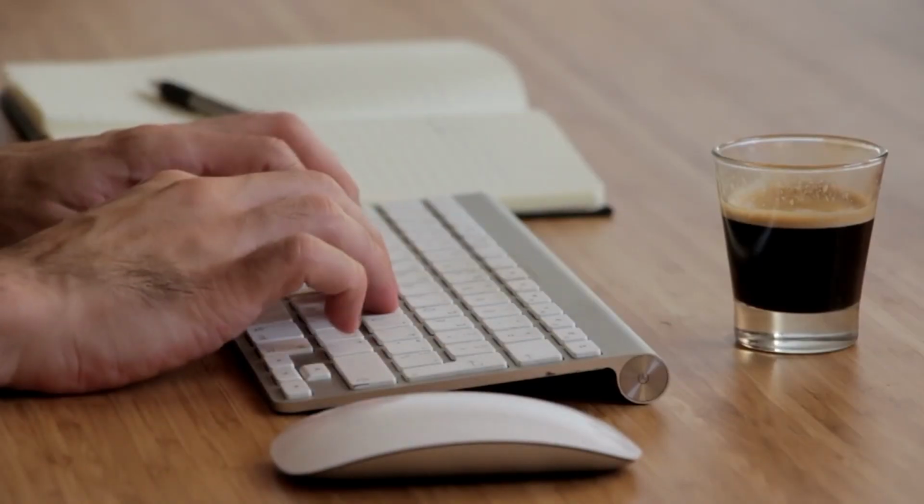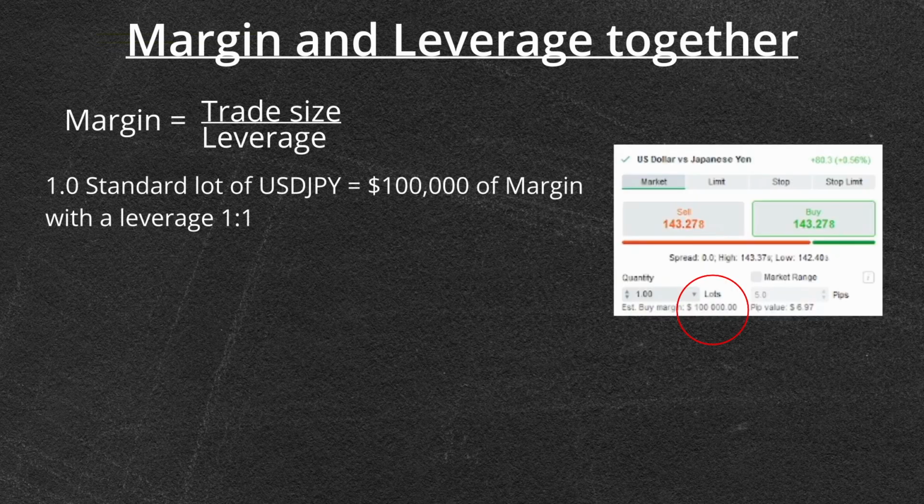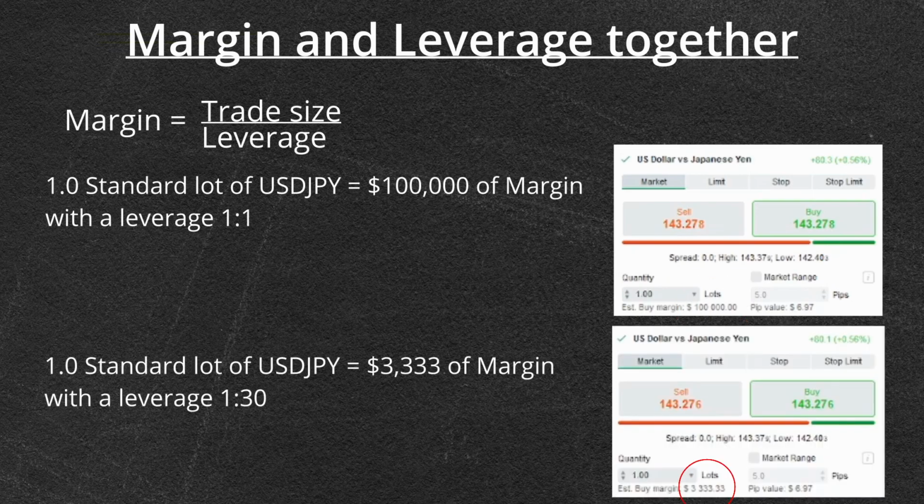So let's tie these both together to make sure you understood that example. In calculating our margin using leverage, margin is simply trade size divided by leverage. In our example, one standard lot of USD JPY was $100,000, and with a leverage of 1 to 30, this resulted in a buy margin of $3,333.